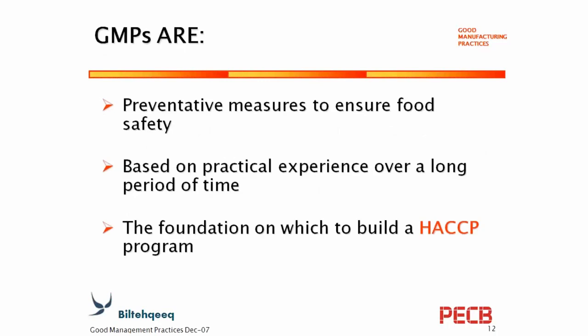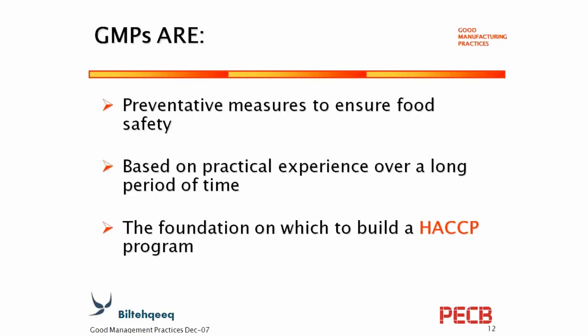GMP is basically the preventive measure to ensure food safety. It is a system, or a way, to avoid any non-conformance or any contamination in your food management system. And these GMPs are developed on the experience of a long period of time.